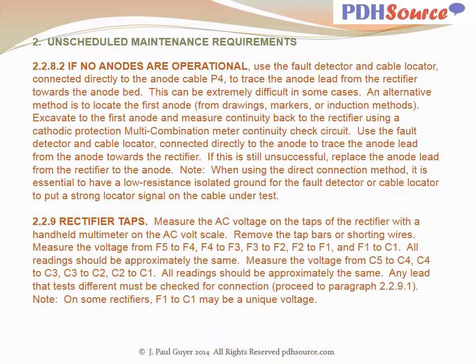An alternative method is to locate the first anode from drawings, markers, or induction methods, excavate to the first anode, and measure continuity back to the rectifier using a cathodic protection multi-combination meter continuity check circuit. Use the fault detector and cable locator connected directly to the anode to trace the anode lead from the anode towards the rectifier. If this is still unsuccessful, replace the anode lead from the rectifier to the anode.